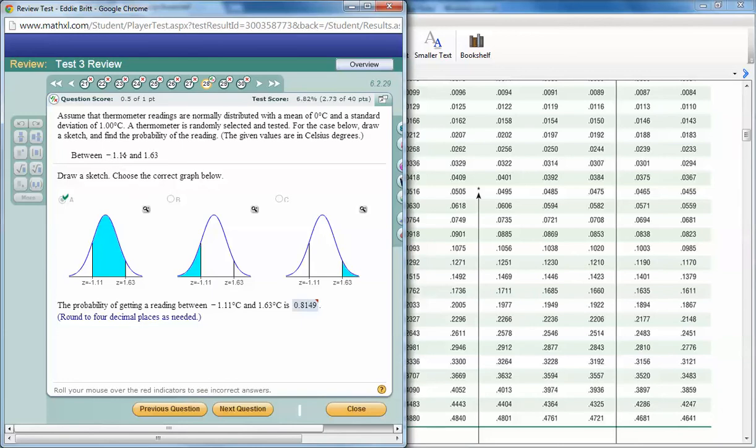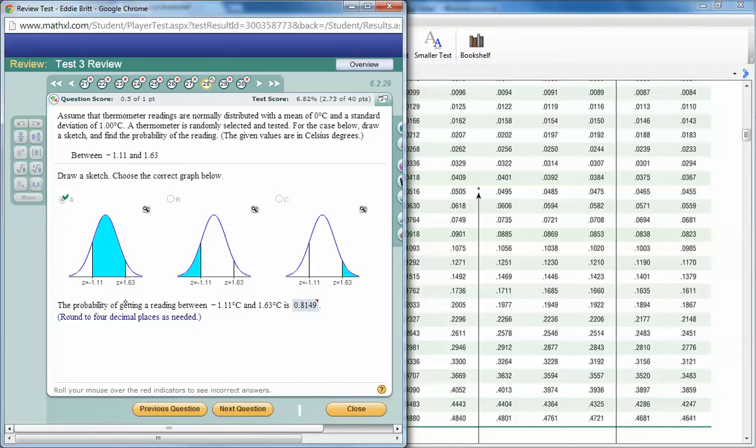So between two numbers, this is a negative z-score, this is a positive z-score. Looking at these three graphs, this one would be for less than negative 1.11, but that's not what our problem said. Our problem said between. If it had said greater than 1.63, then we would use this one. Ours said between, so this is the only possible choice.